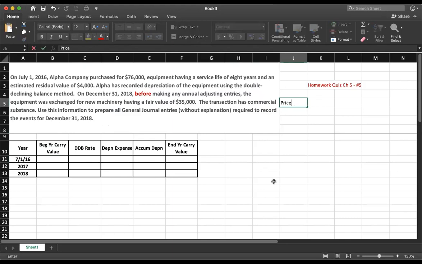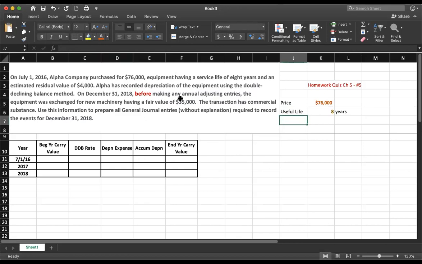The price of the equipment that they originally purchased on the 1st of July was $76,000. Now the useful life. They said here, useful life is 8 years, and we'll just note that this is years.